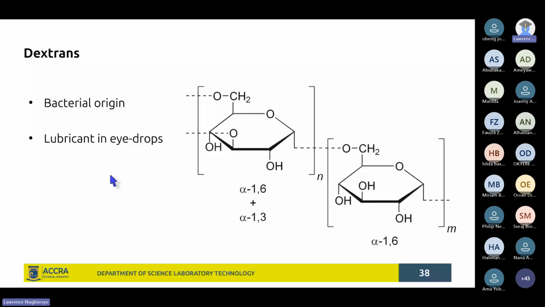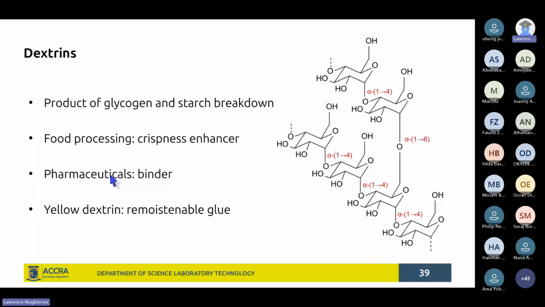Then dextrins. Pay attention to realize that there is a difference between dextrans and dextrins. For dextrans, you have that formation of 1,6-glycosidic bond, 1,4-glycosidic bond, which is much like what you find with dextrins, except that dextrans are formed by these bacteria from glucose molecules.